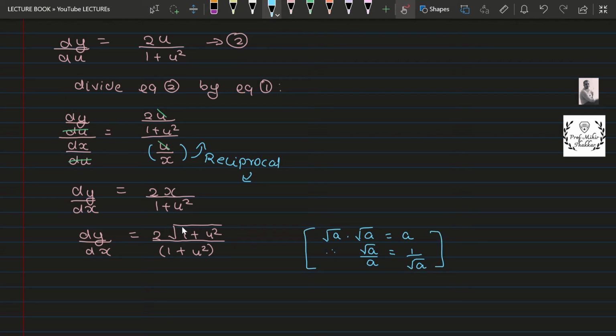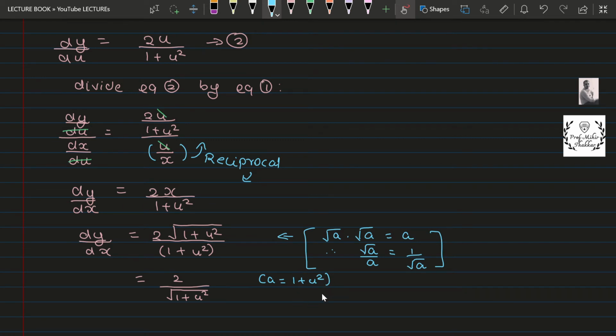So therefore if I compare this with my given indices law, I will get the answer over here as 2 upon under root of 1 plus u square, and I consider that a is equal to 1 plus u square. This is just for your understanding, guys.